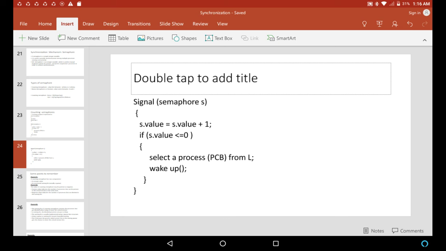In the wait operation, every time a process enters, the s value gets decremented by 1, and until it goes below 0, those many processes can enter. After that point, whatever the next processes are, those are sent into the block list. So that means 10 processes can successfully enter into the critical section.